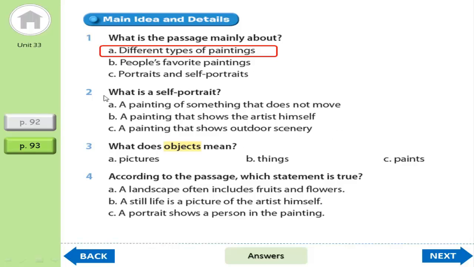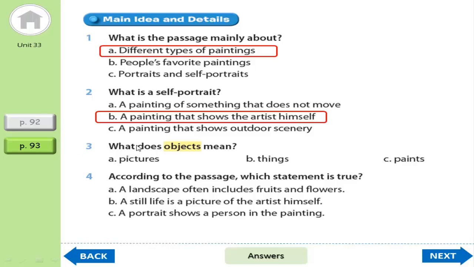So, what is the correct answer? We have three answers, but only one is correct. Okay, so the correct answer is letter B. A self-portrait is a painting that shows the artist himself.